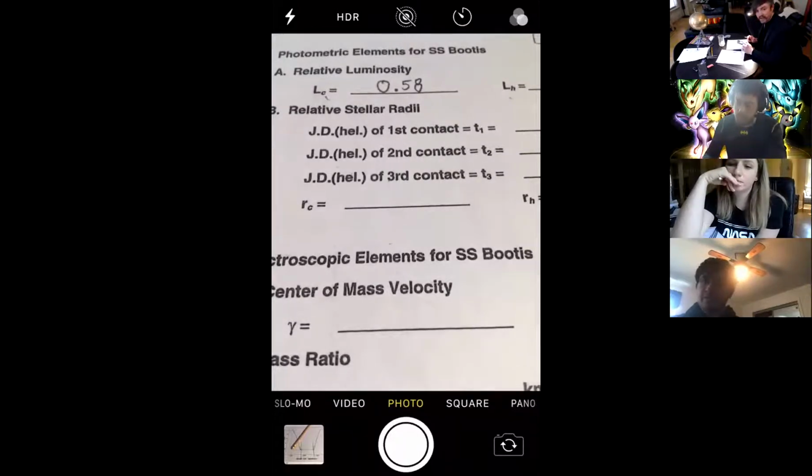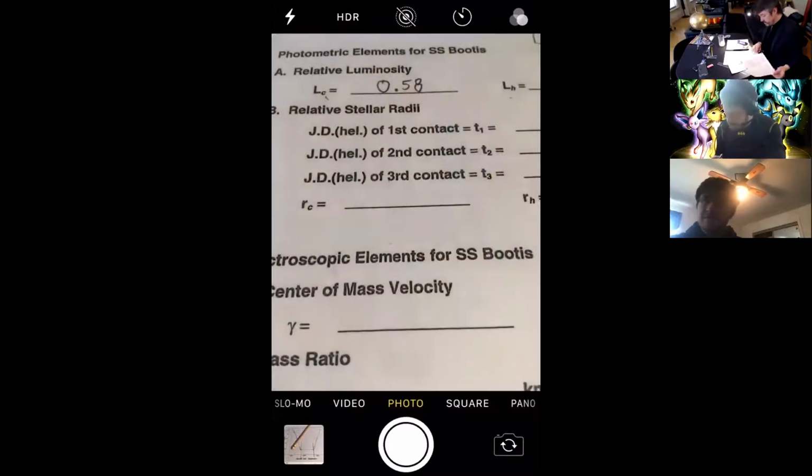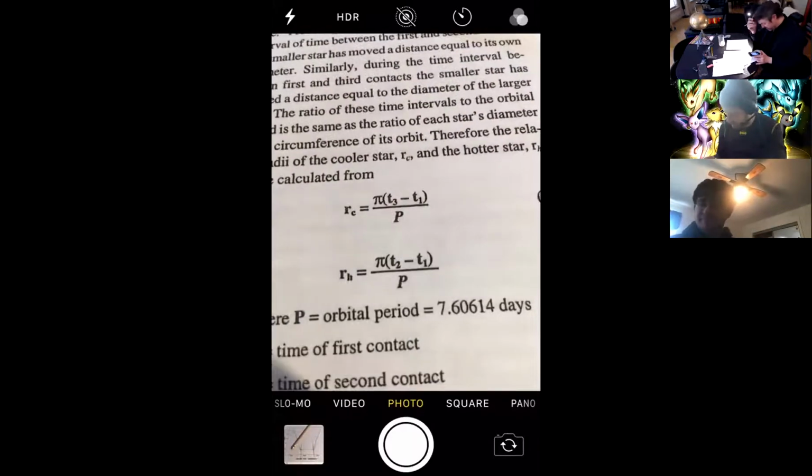All right. See this? Radius of the cold star, right? We've got to get this from our formulary here. Now, see if you can follow me on this. You're kind of going around in a circle there, right? So the radius of the cold star is pi times the difference in time divided by the period.